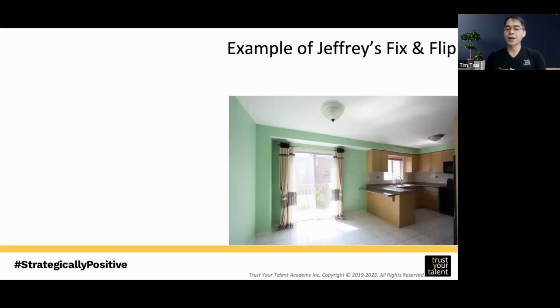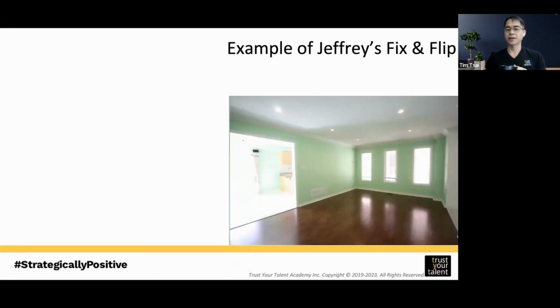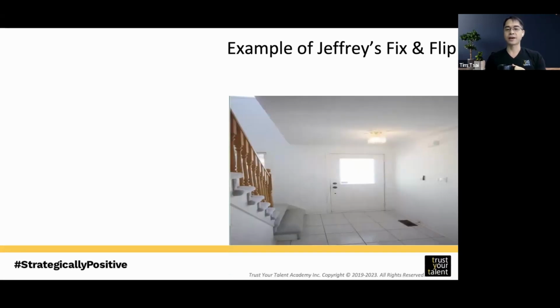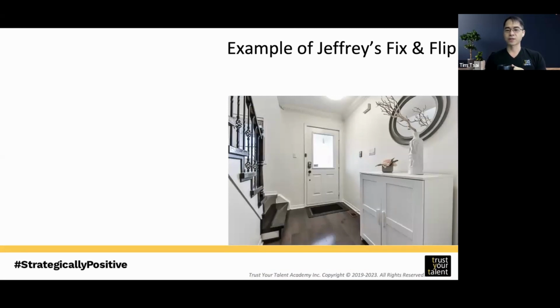We're not moving walls. We're not even adding anything fancy. Okay, updating the kitchen, repainting it, retiling it, restoning it, and staging it a little bit. Okay, who loves that pastel green? And look at the difference, how it's modernized, brought up to shape. Okay, front door entryway, look at the difference.